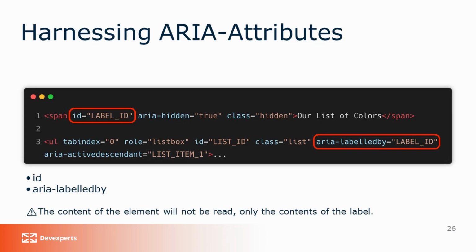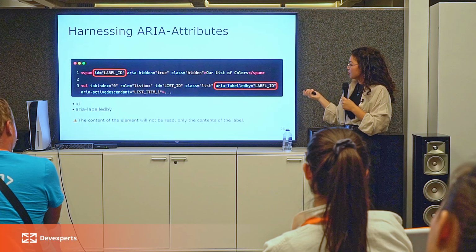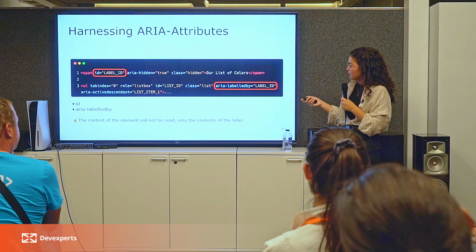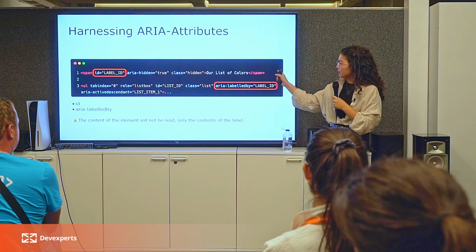Now that we focus on our list, the screen reader should describe the list for the user with visual impairment, right? That's why we are using aria-labelledby. Inside aria-labelledby, you can see that I'm referring to the ID of a label.